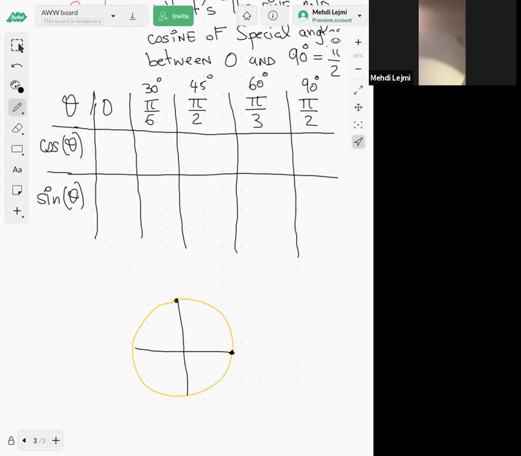The zero angle is when the initial side and the terminal side coincide. So that's the 0 angle.